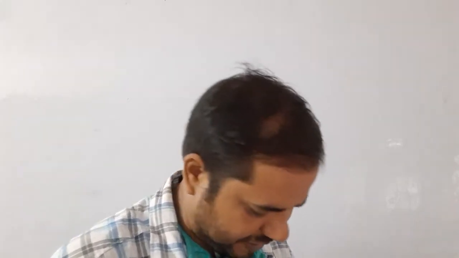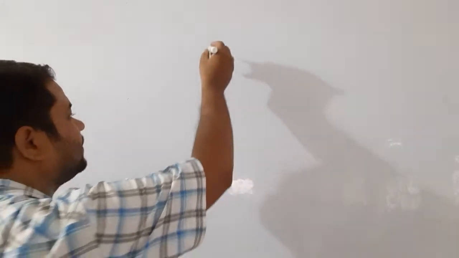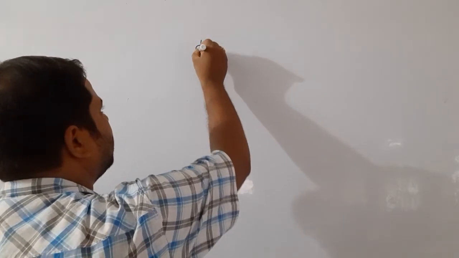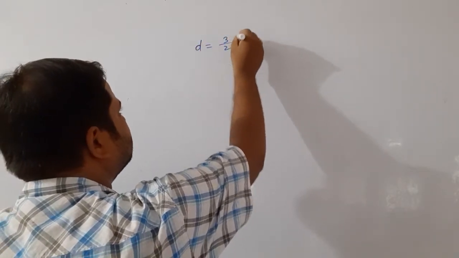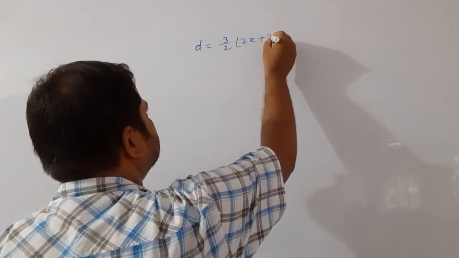Okay, we have to find the rate of change of the volume with respect to x. So see, this is a very easy question. What is the diameter of the sphere? This is given. Diameter of sphere is given as 3 by 2 (2x plus 3).